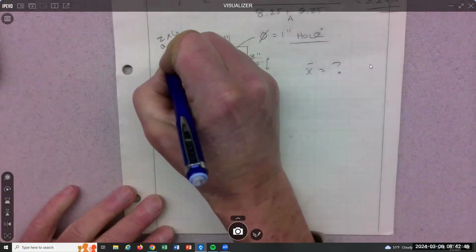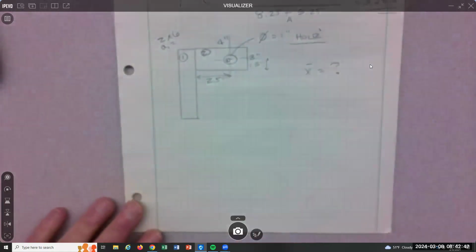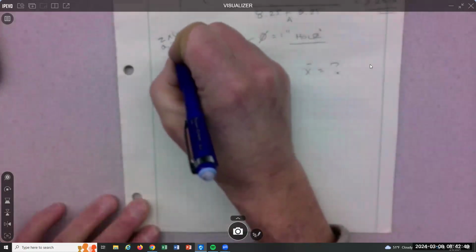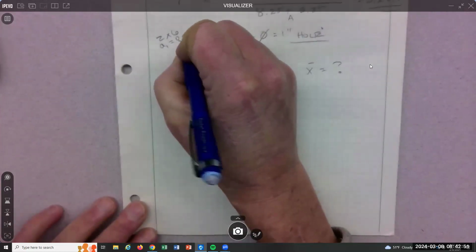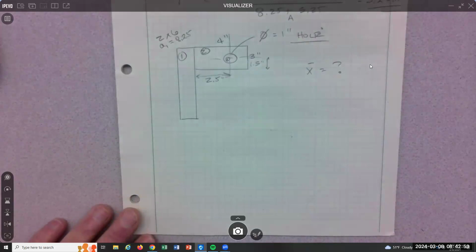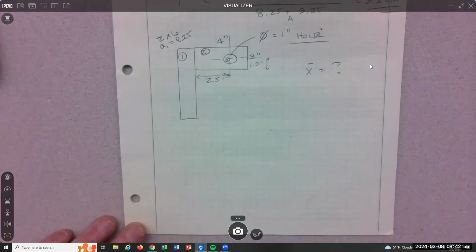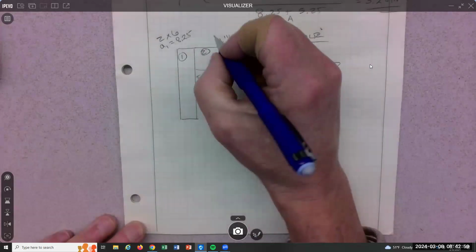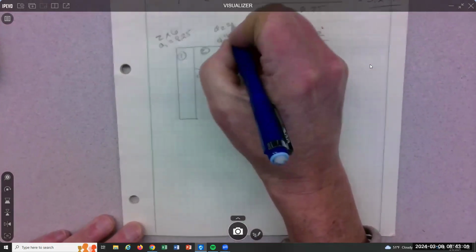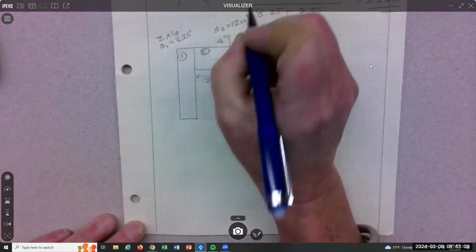So area 1 is the same area we had before, which was 8.25. Area 2 is just a 4-inch by 3-inch thing. So A2 is 12 inches squared.